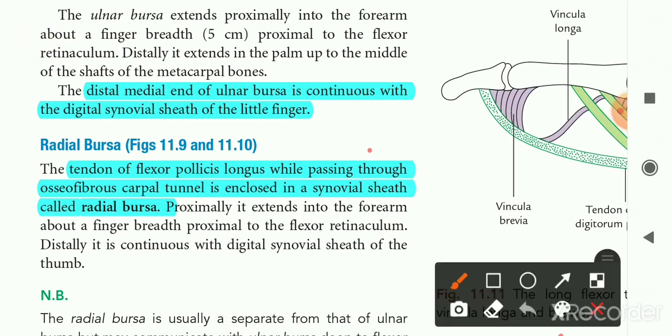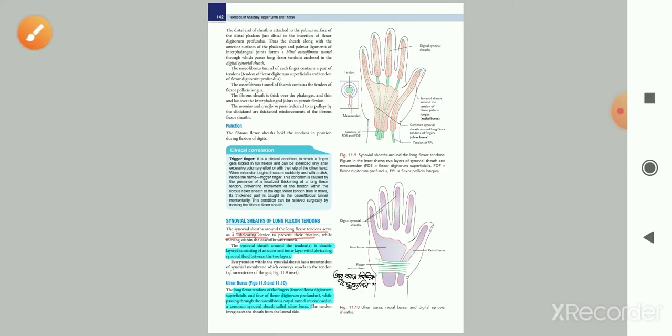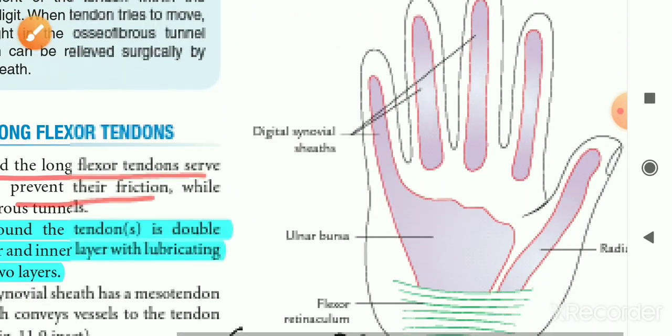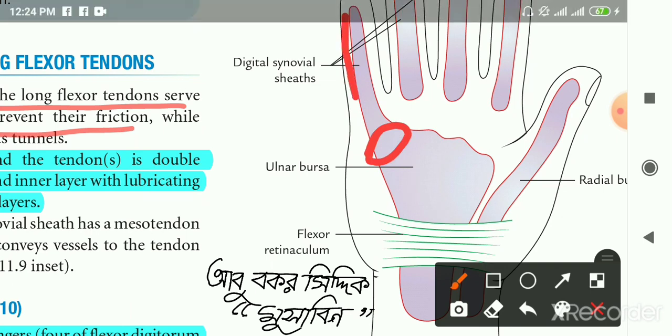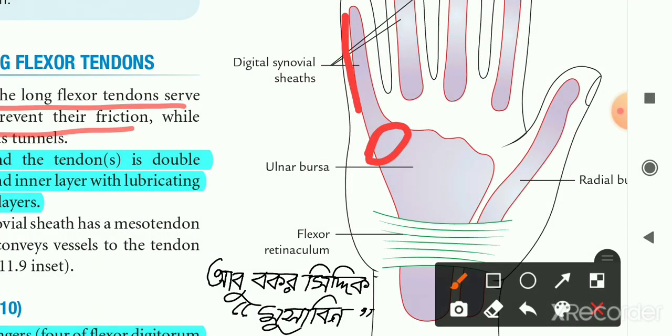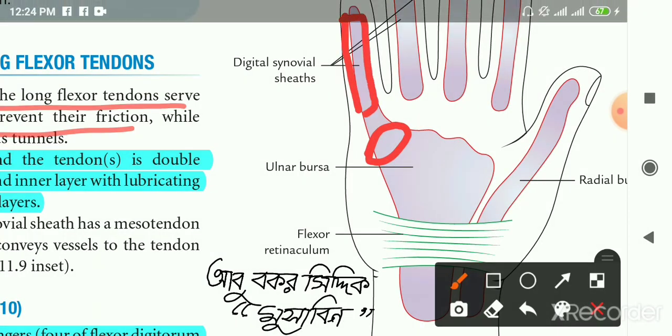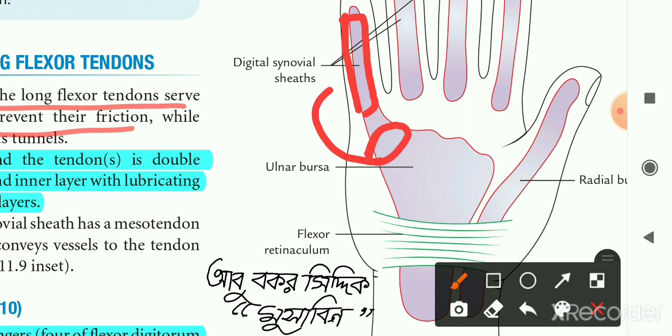Now the distal medial end of the ulnar bursa is continuous with the distal synovial sheath of the little finger. In our last picture we have seen the distal medial end of the ulnar bursa, which is continuous with the distal synovial sheath of the little finger.